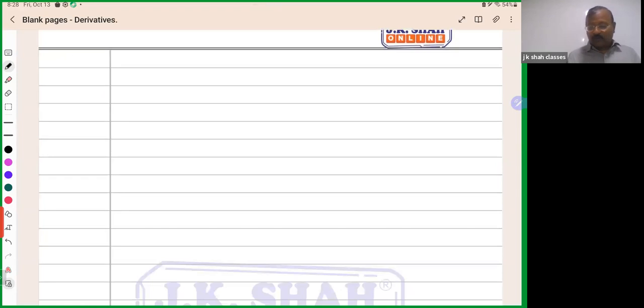Think of these portfolios as two bags, where I buy a put and I buy a stock. Meaning, okay, a lot of things will happen in parallel now.